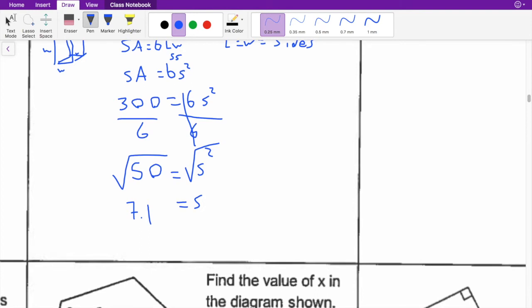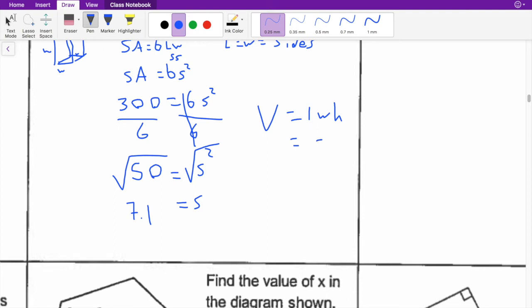So then we take a look at the formula for volume. Volume of a cube is length times width times height. And we know a side is equal to all of this, because it's a perfect cube. The length is going to equal 7.1, the width is 7.1, and the height is 7.1.